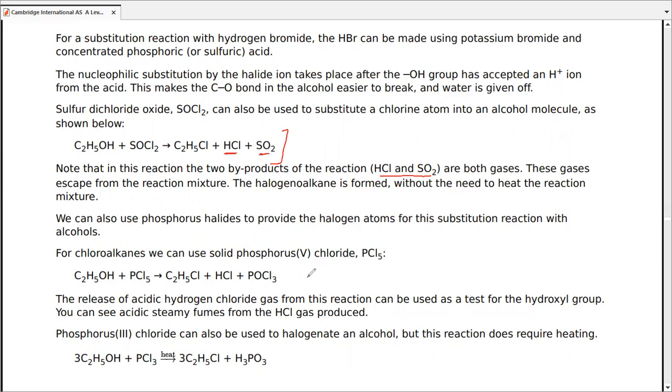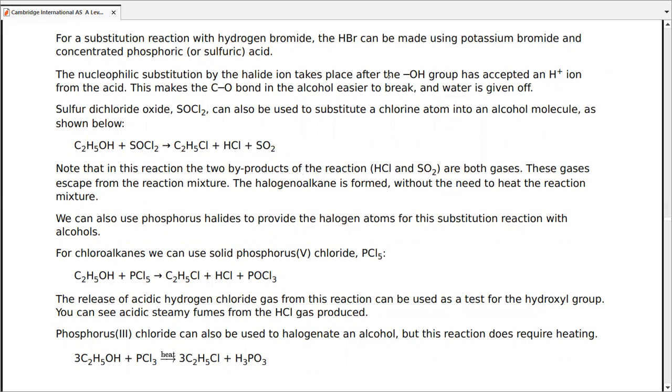But if you understand that both of them are gases and both of them are going to leave the system in the form of gases, it's easier to point out that for every mole of alcohol and thionyl chloride in this reaction, you're producing 2 moles of gases, 1 mole for HCl and 1 mole for SO2. So if any questions with the same equation, but related to the moles chapter, you shouldn't get confused.